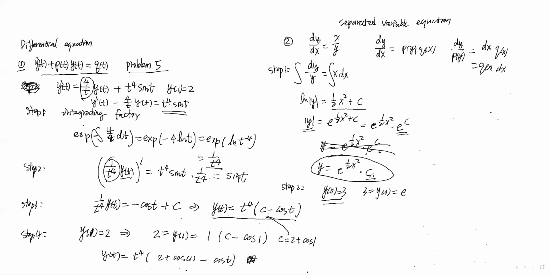Step 2 is to determine C. We get this is this plus C, but this is 1, right? So C is 3 over e to the half. I think I'm wrong. Maybe. Oh, nobody tells me I made a mistake.